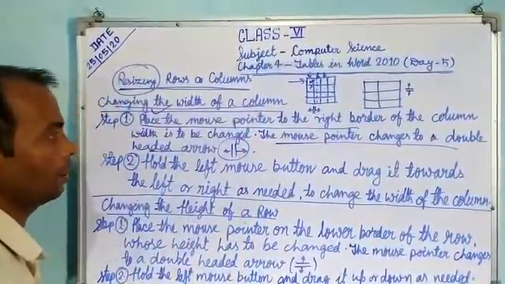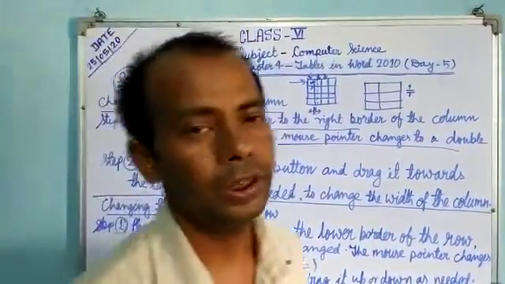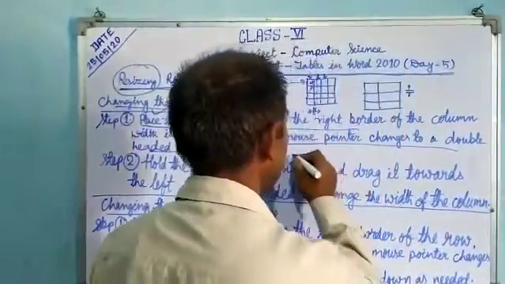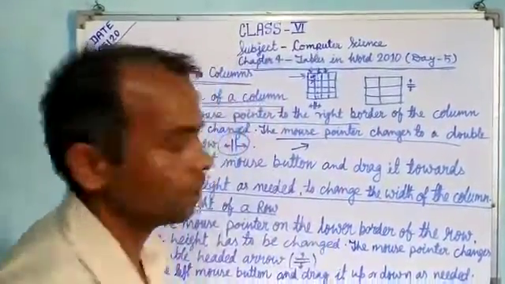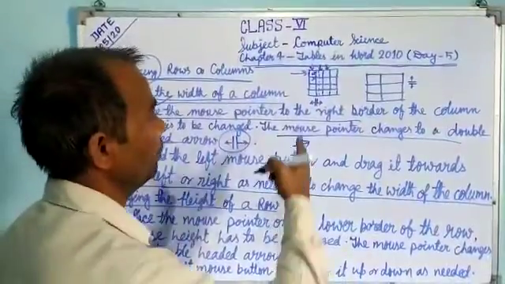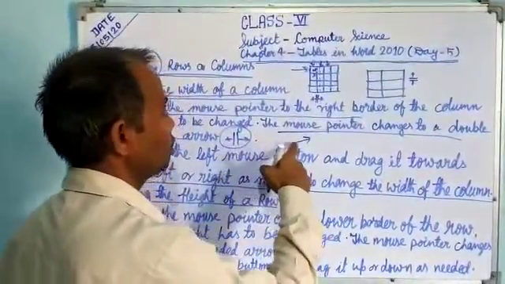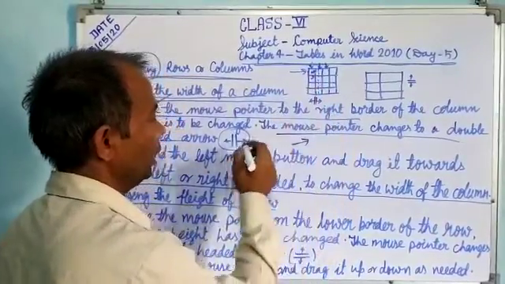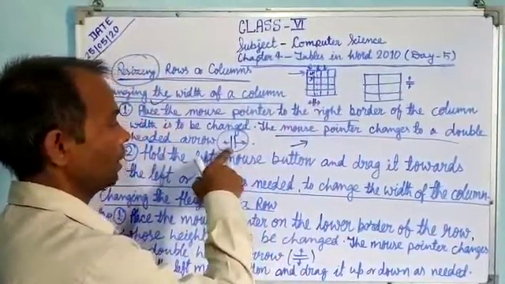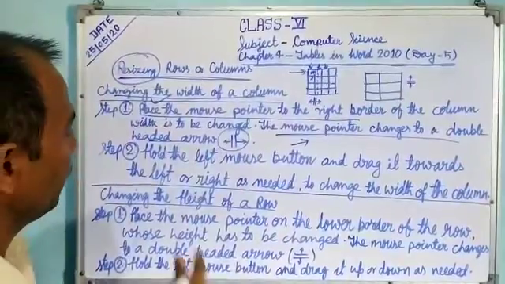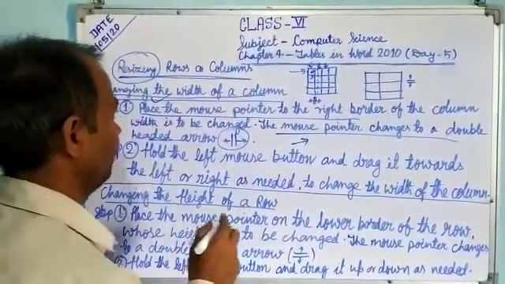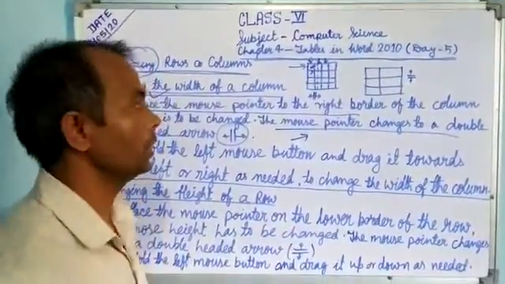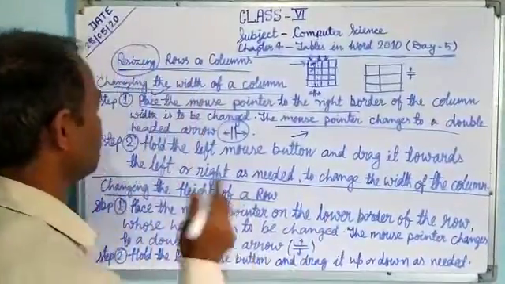Initially it is an arrow-like mouse pointer, just like a cursor. But whenever the mouse pointer comes to the border of the column, it appears as a double-headed arrow. Then we have the facility to increase or decrease the width of the column.